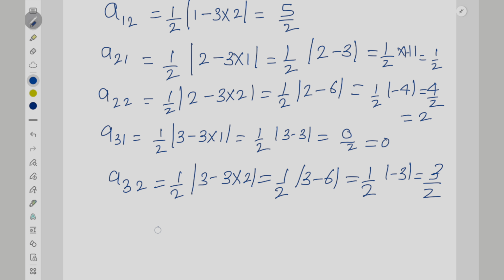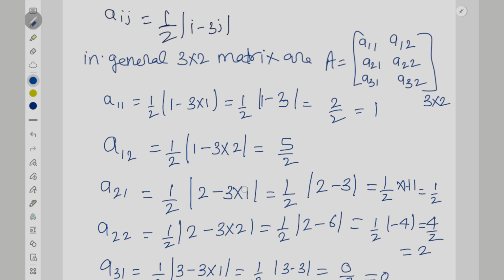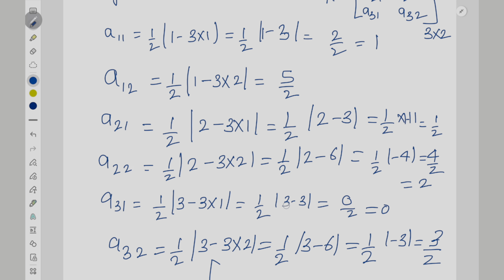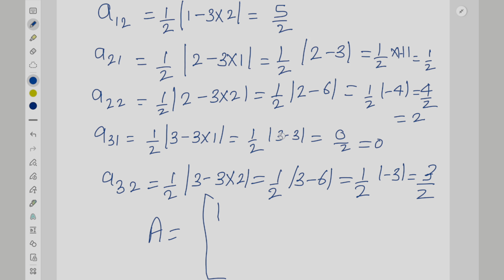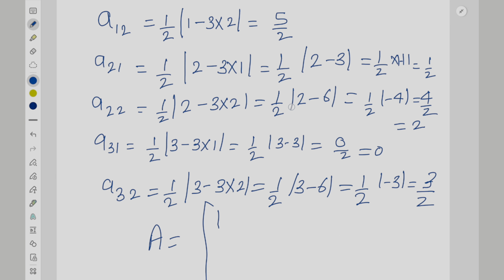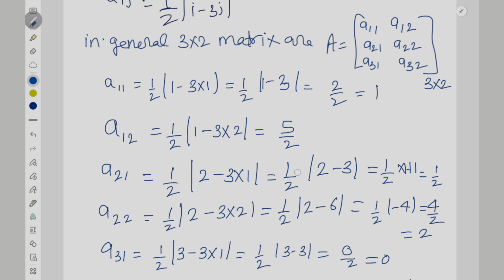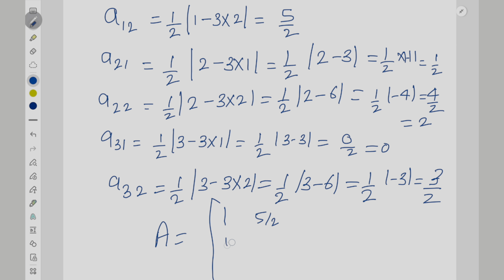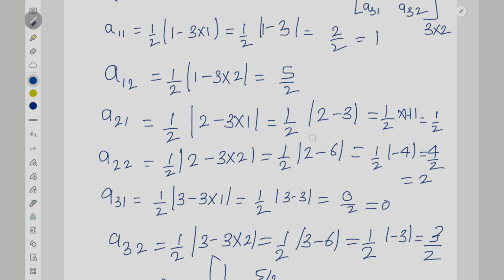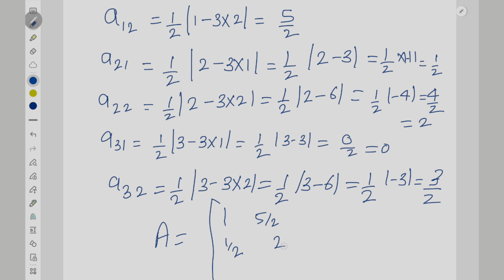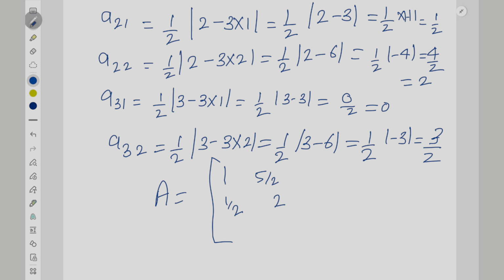Then A is equal to: A11 is 1, A12 is 5 by 2, A21 is 1 by 2, A22 is 2, A31 is 0, A32 is 3 by 2. This is the final answer.